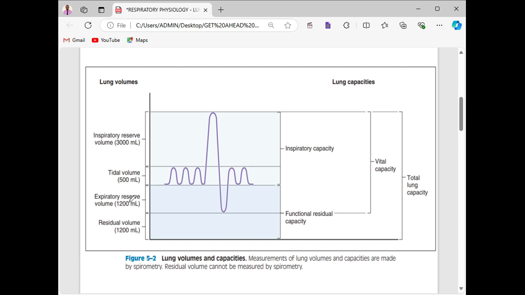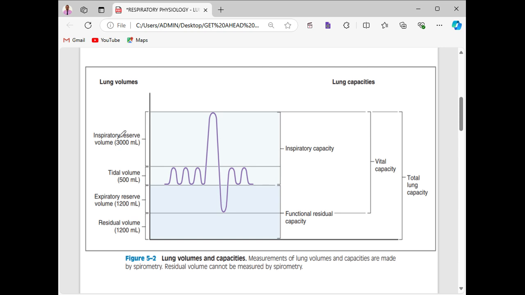And then we have expiratory reserve volume. This expiratory reserve volume is just the volume expelled by an active expiratory effort after passive expiration, and it is usually 1,200 milliliters.